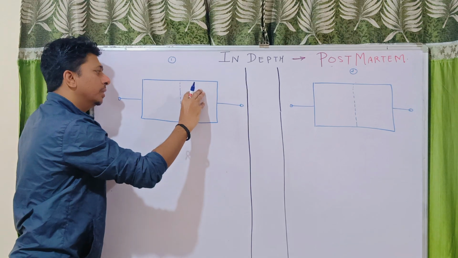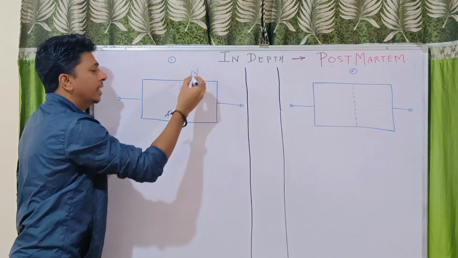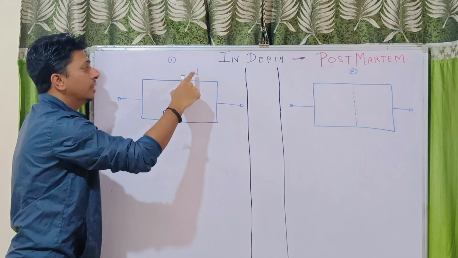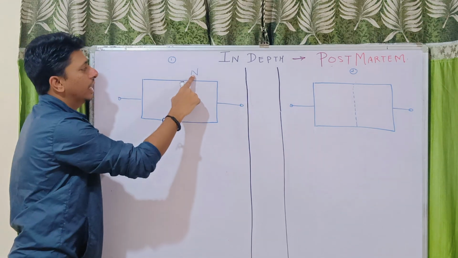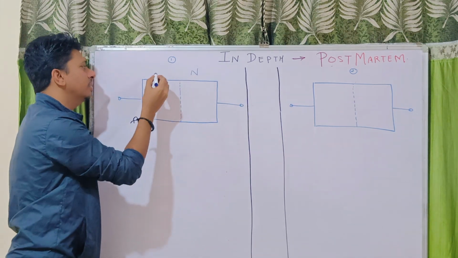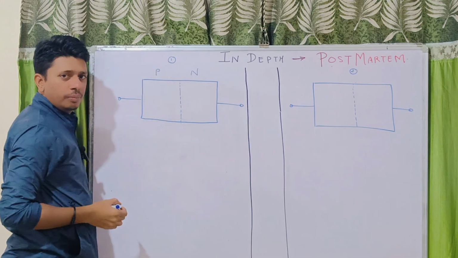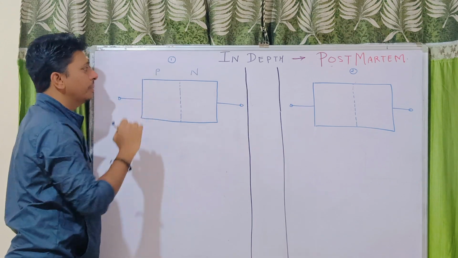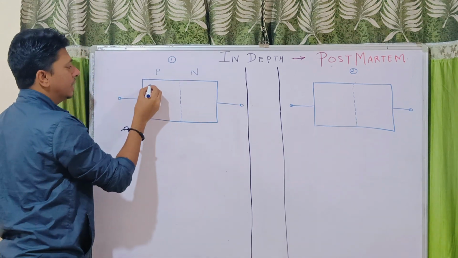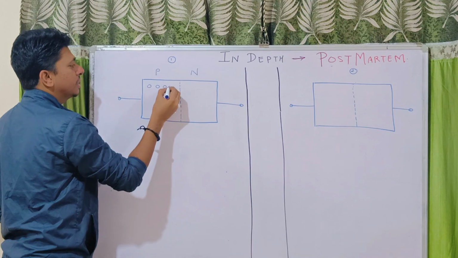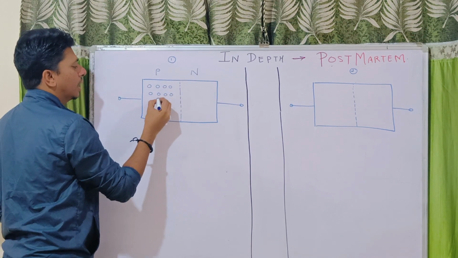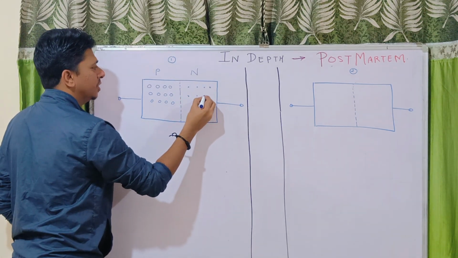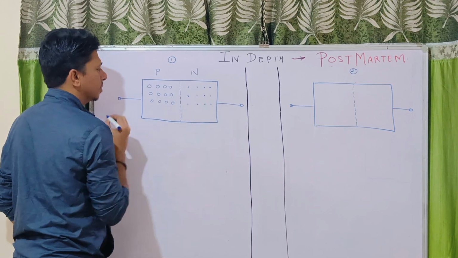Now I want to dope this region with pentavalent impurities, and adding pentavalent impurities creates a region that is called the N region. Similarly, in this region we will dope with boron, which is a trivalent impurity, and the addition of boron results in the P region. And with the addition of dopants, what is extra in these regions? So in this region holes are extra, and in this region electrons are extra, and we know these things based on the previous videos.